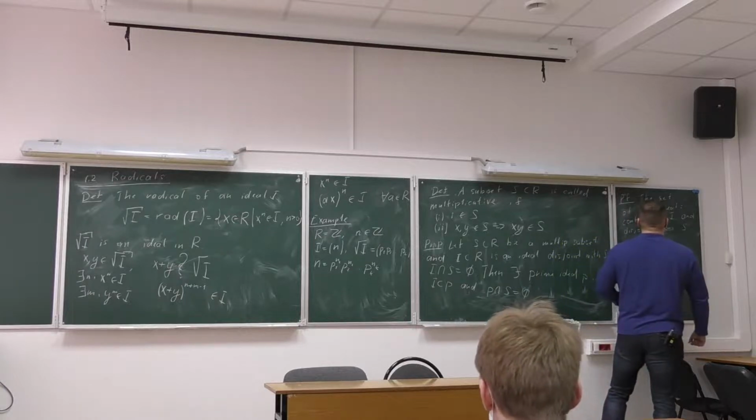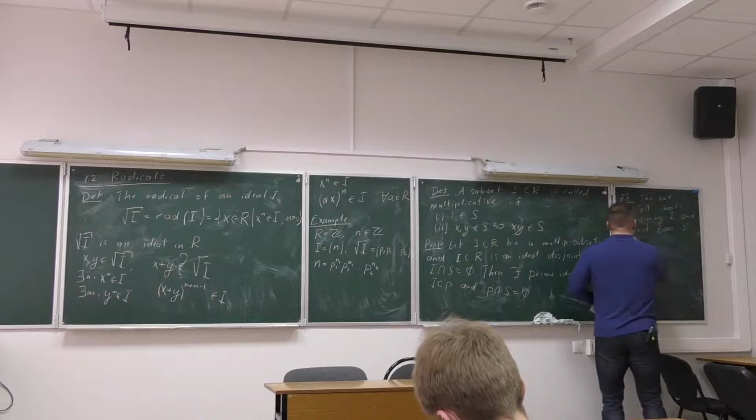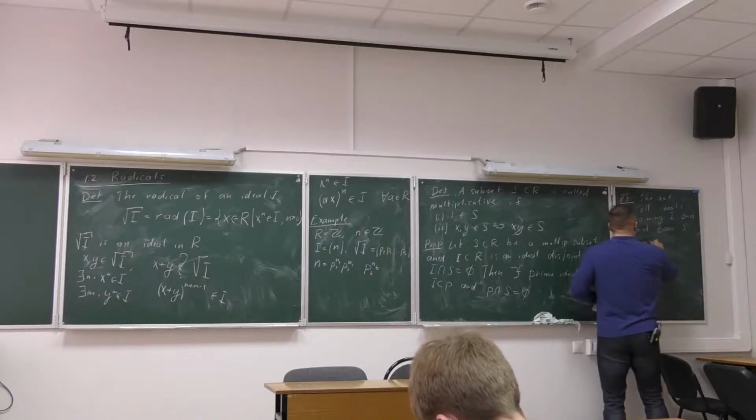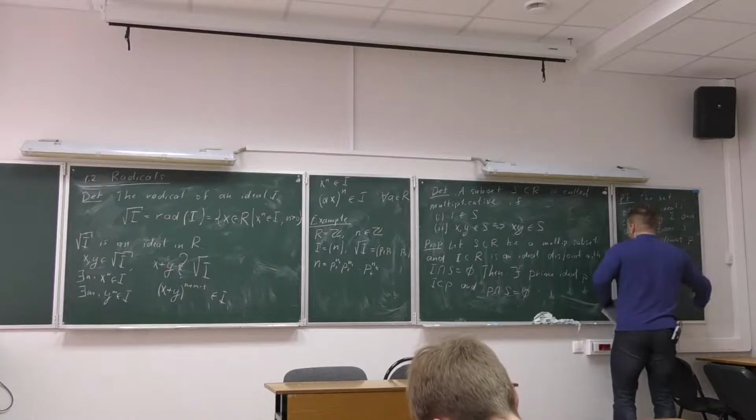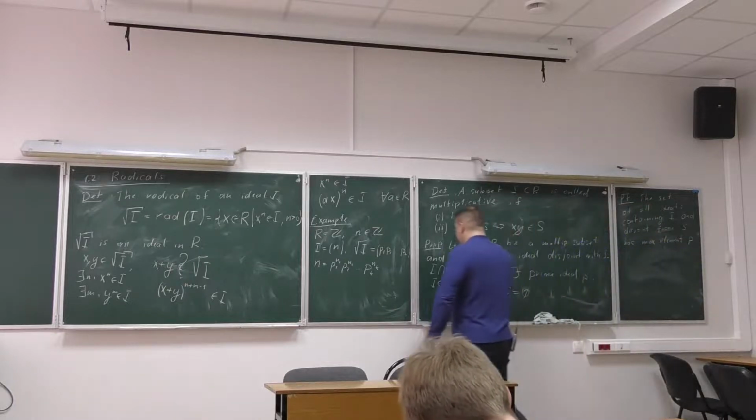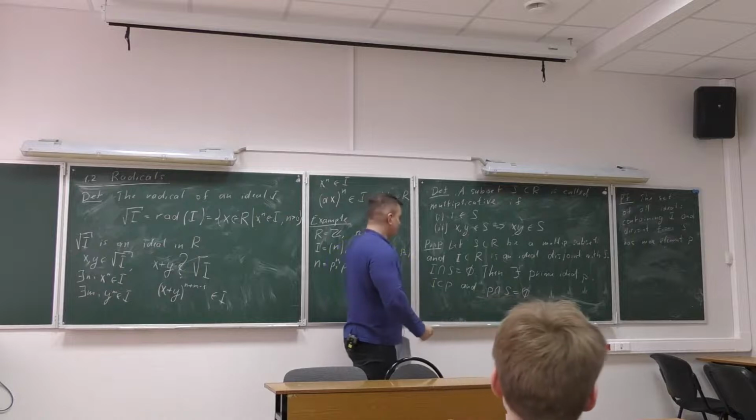So the set of all ideals containing I and disjoint from S has a maximal element P. I claim that this maximal element is exactly the P that we have in the statement of the proposition.